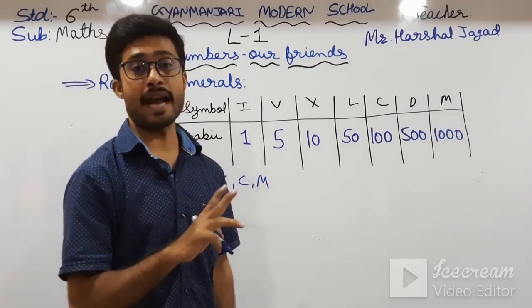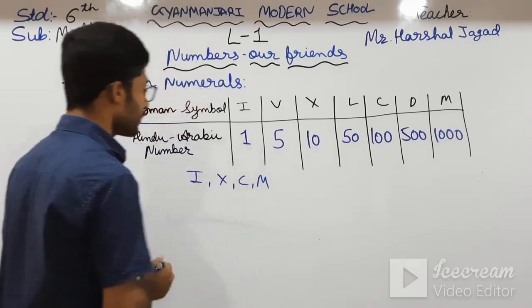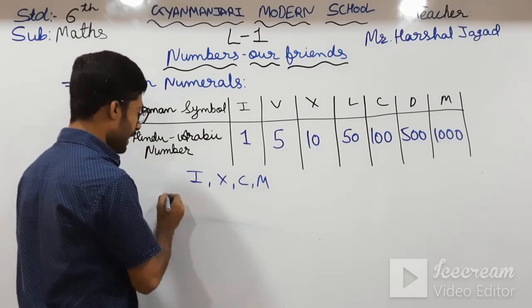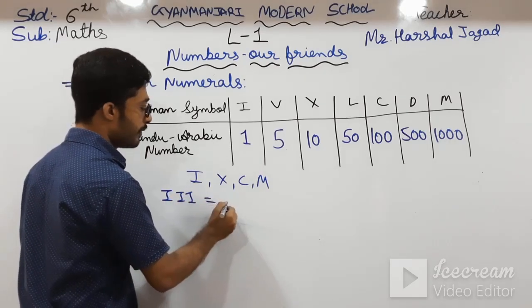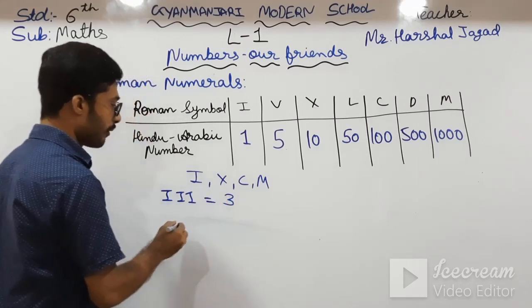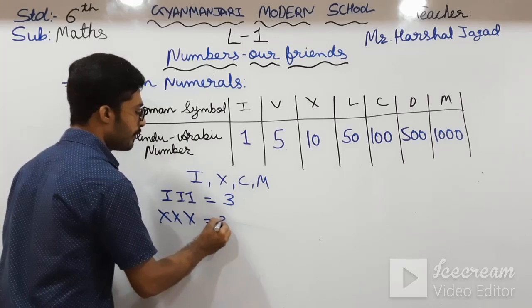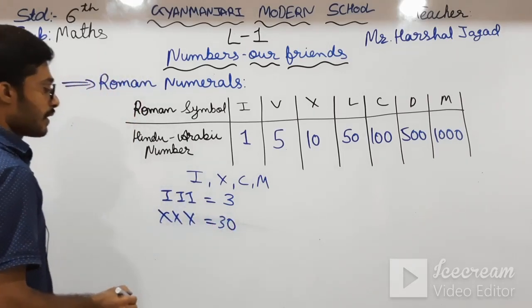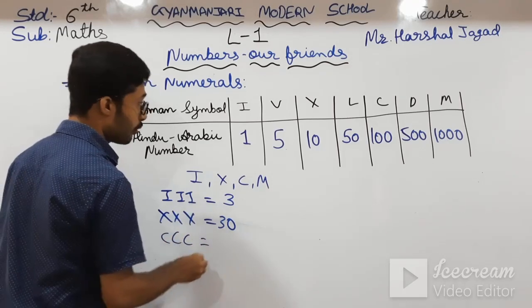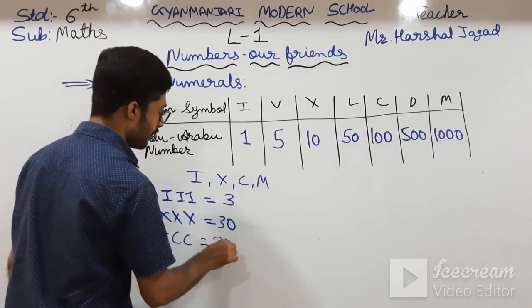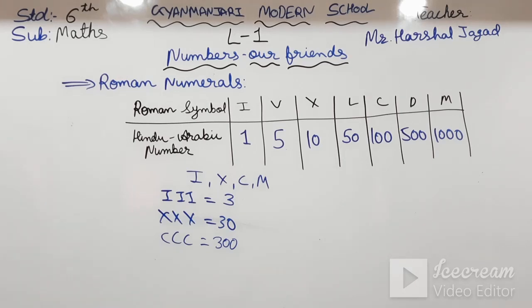More than 3 times we can't repeat that number. See here, if I repeat I 3 times, then it will be 3, we know. If I repeat X 3 times, then it would be 30. If I repeat C 3 times, then it would be 300.